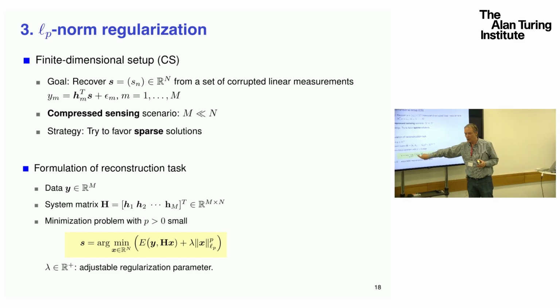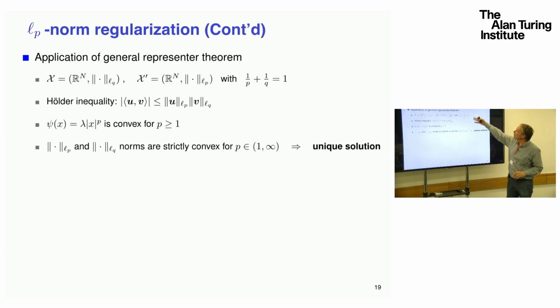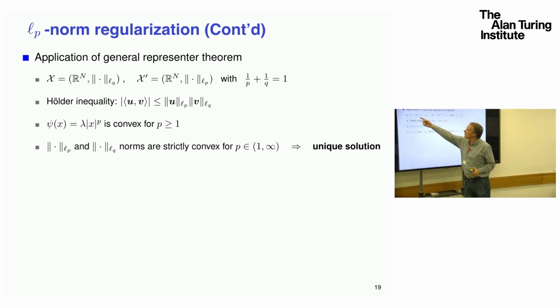Here we have our cost that favors data consistency, and here this constraint on the P norm. Now if we apply the theorem here, X is Rn equipped with the LQ norm, the dual of which is Rn equipped with the LP norm, with the two being conjugates.